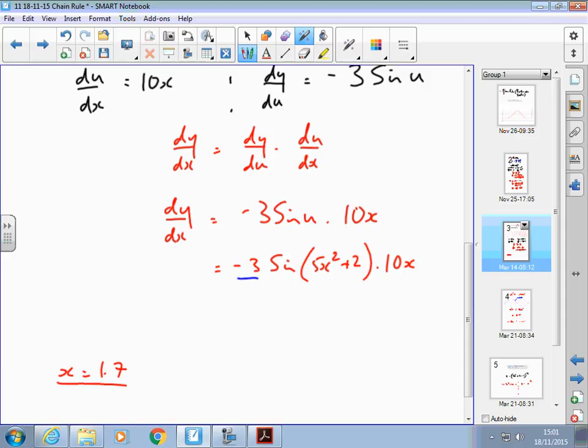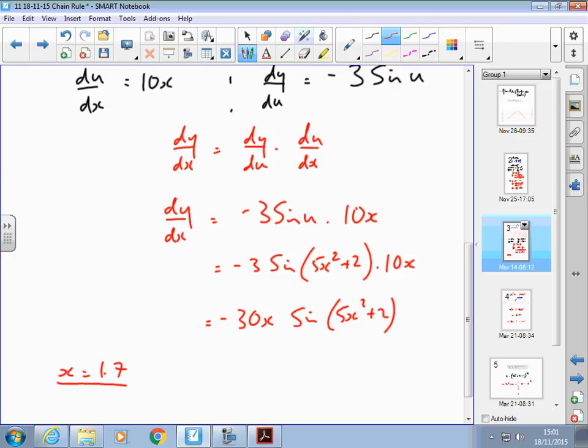Try and tidy up. Look, minus 3 times 10 is minus 30. Put the x at the beginning and the trigonometric function at the end. So minus 30x sine 5x squared plus 2 is how I'd leave it. dy by dx is that.